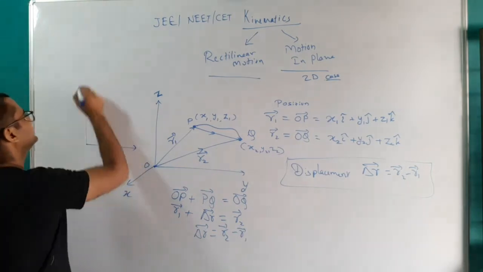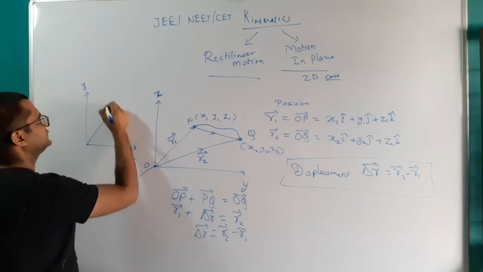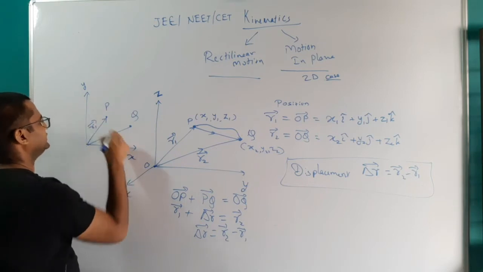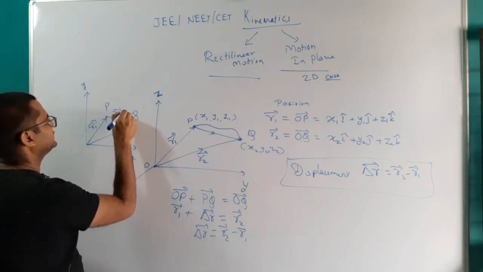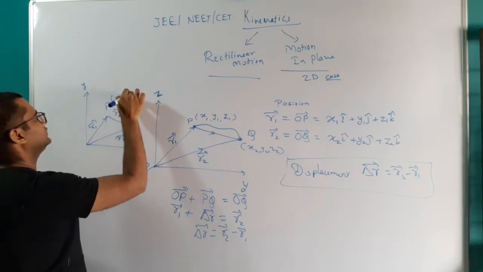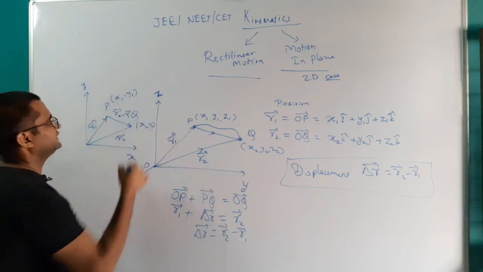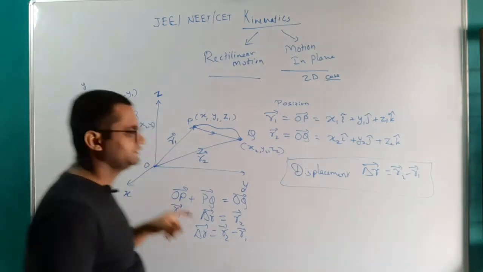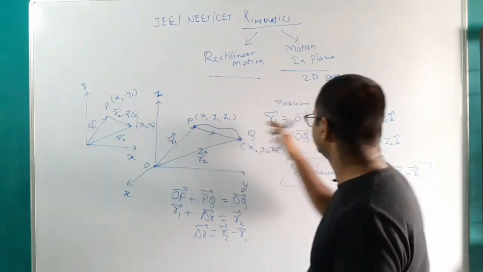We have the y axis here, the x axis here, this is p, this will be q, this will be r1 vector, this will be r2 vector, and this will be r2 vector minus r1 vector. The coordinates will be x1 comma y1, there is no z1, and x2 comma y2. So we can write r1 vector as x1 i plus y1 j, and r2 vector as x2 i plus y2 j in the same way.